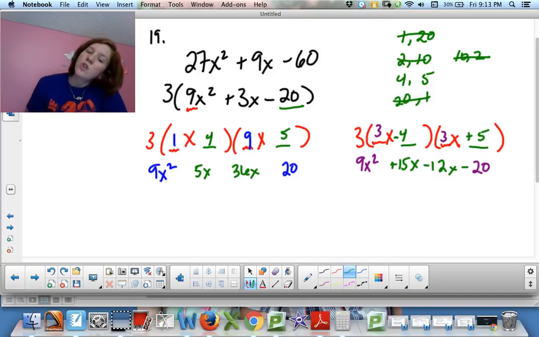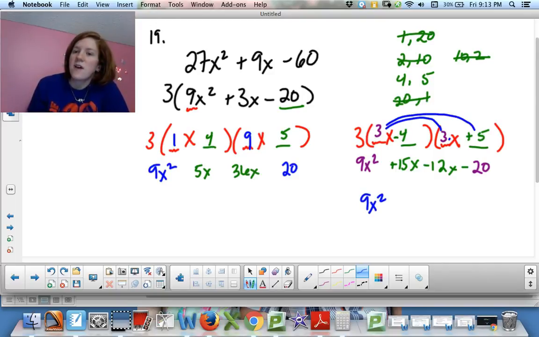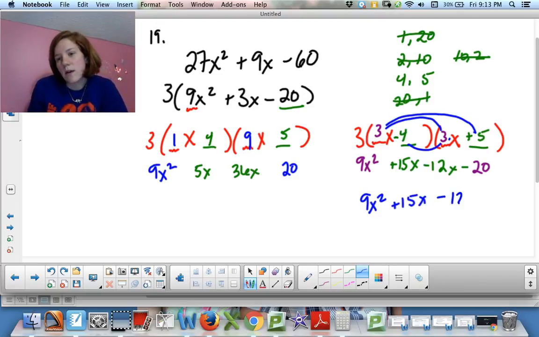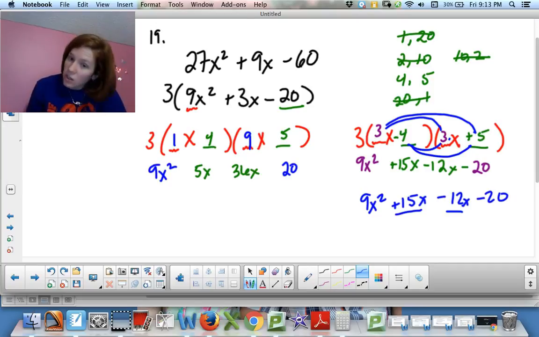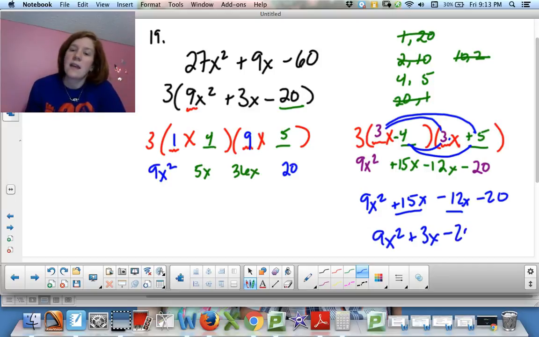Okay, so just to do one last check to make sure this really works, 3x times 3x is 9x squared. 3x times 5 is 15x. Negative 4 times 3x is negative 12x. And negative 4 times 5 is negative 20. When I combine those like terms, 15x and negative 12x is 3x, and I've got that negative 20.